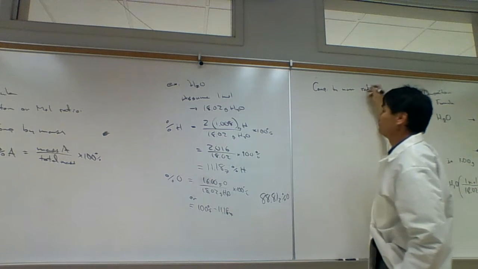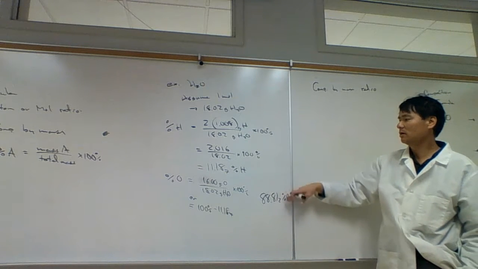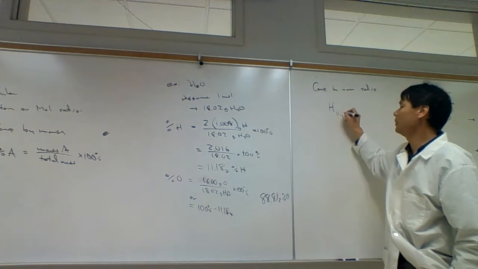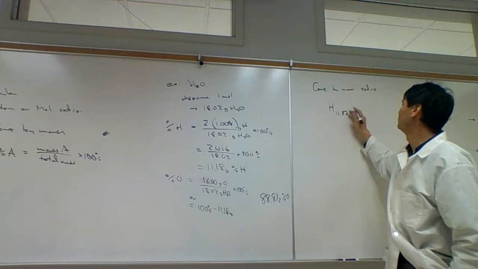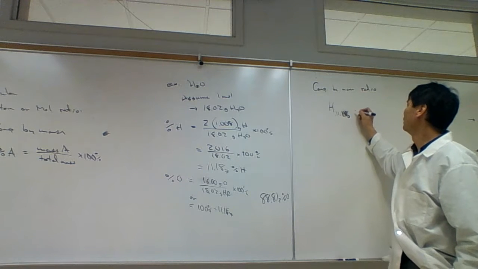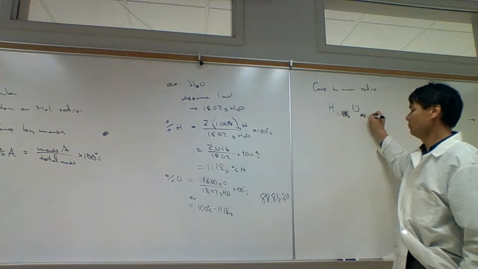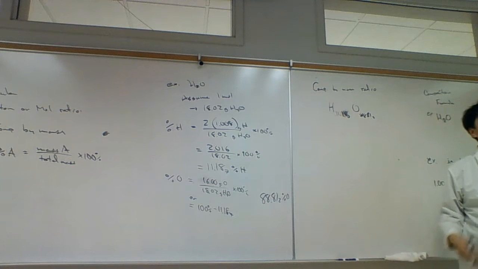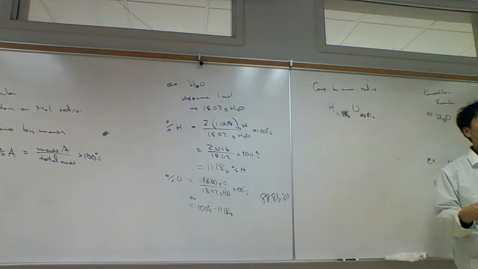In a more compact form, obviously we could just leave it like this here, but in a more compact form we would write H 11.187, 11.18 sub 7, O 88.812. All right, now we don't have to do a gram to mole conversion.